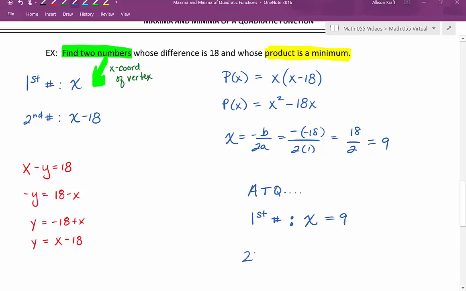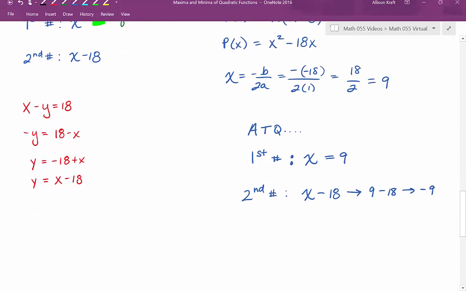And then our second number is x minus 18. So that's going to be 9 minus 18, which gives us negative 9. So our two numbers are 9 and negative 9.